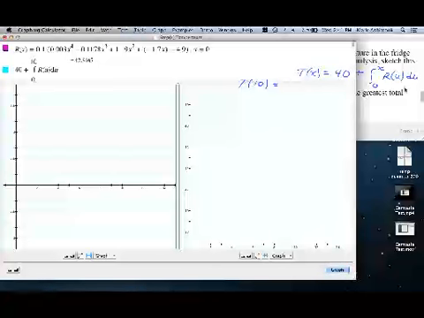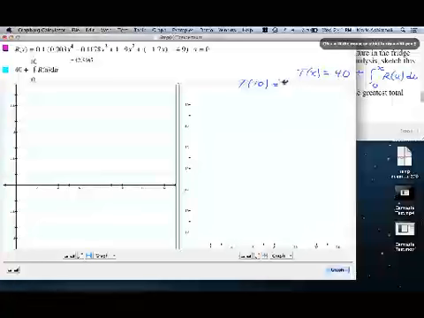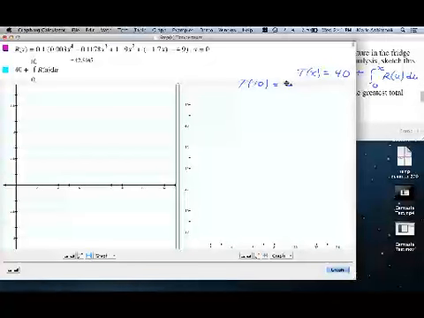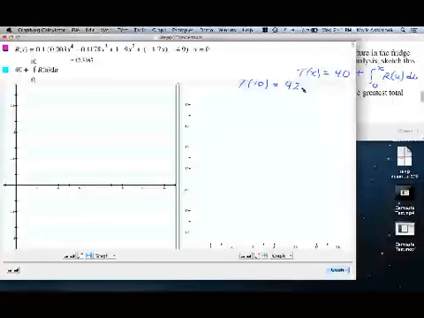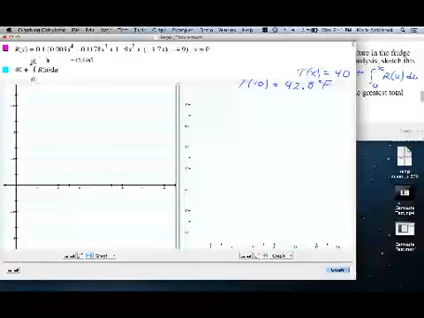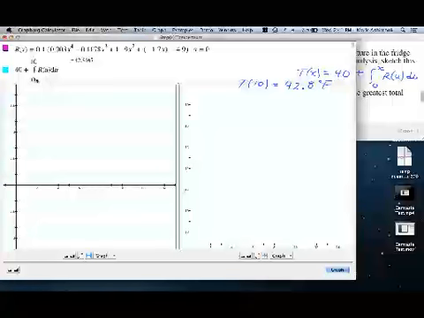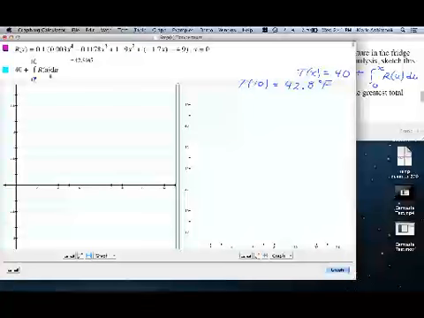So T of 10 is approximately 42.8 degrees Fahrenheit. The graphing calculator can do this evaluation for you, and on your homework you have some to do. You're going to use the graphing calculator to get the values of these integrals, and the value of an integral gives a net change in the quantity, in this case the change of temperature from 0 to 10.